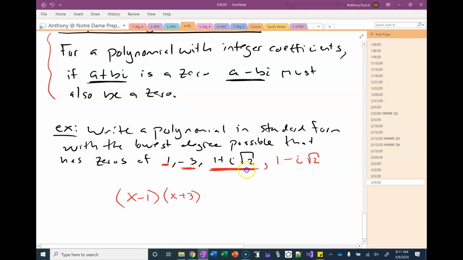And then how about 1 plus I square root 2? So minus, and then minus again, right? And then for this last zero, what am I going to write? Well, it's going to be -1, but then plus I square root 2.